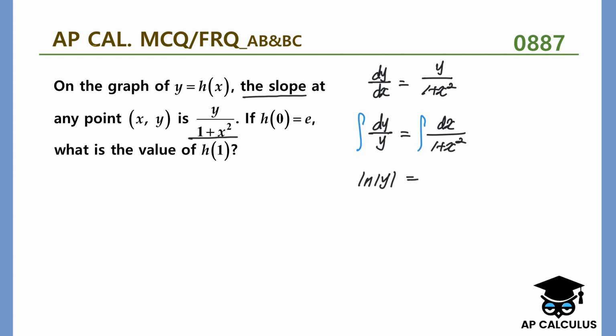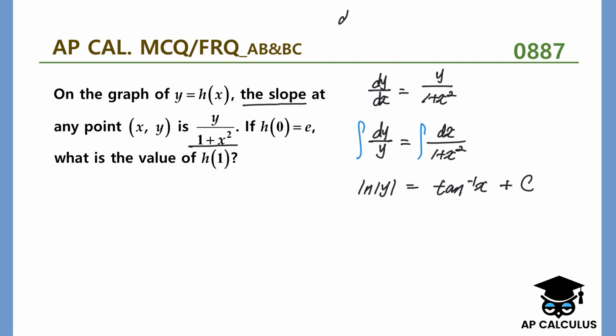And that is equal to the antiderivative of 1 over 1 plus x squared. That's inverse tangent, right? And we have to add constant c. Remember, the derivative of inverse tangent x is equal to 1 over 1 plus x squared, right? So the antiderivative of 1 over 1 plus x squared is inverse tangent x, right?